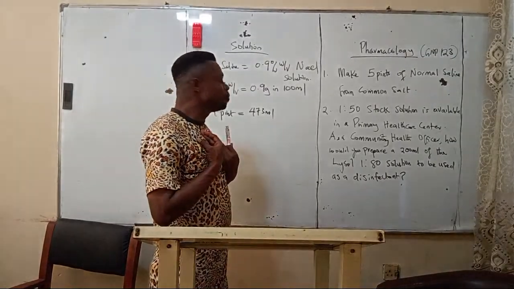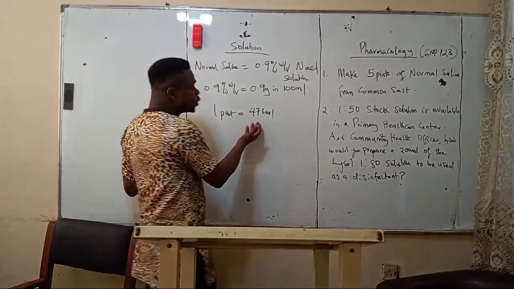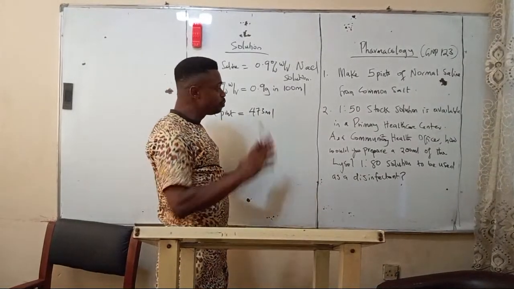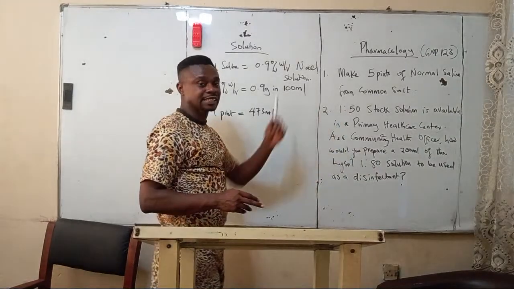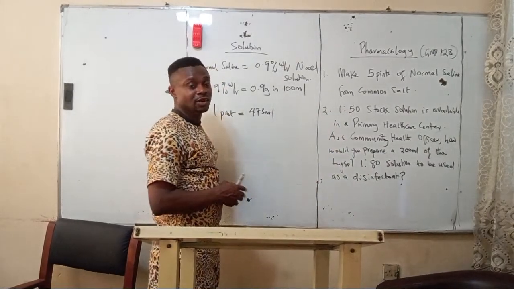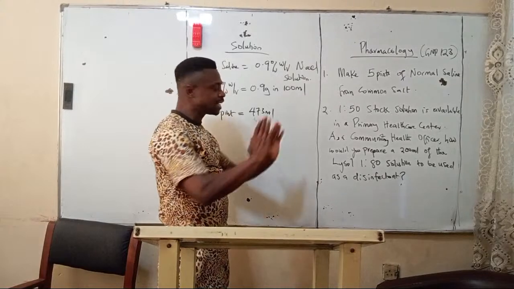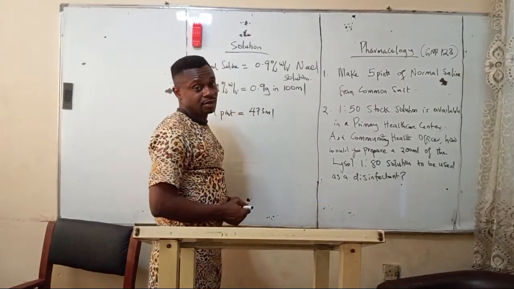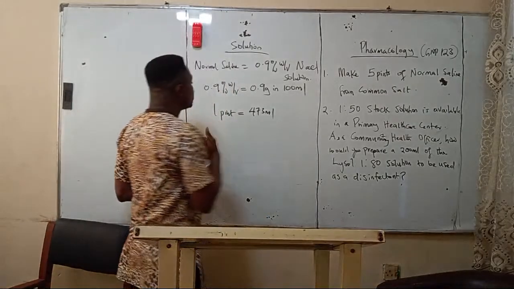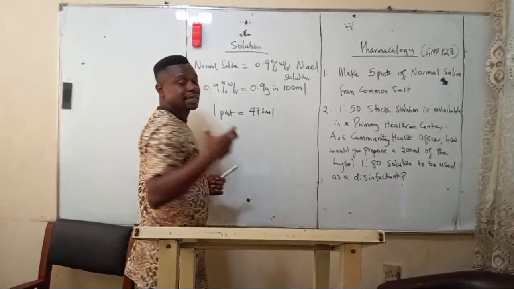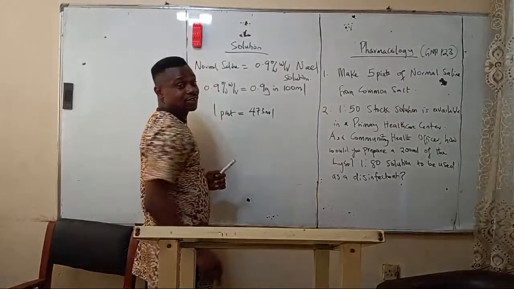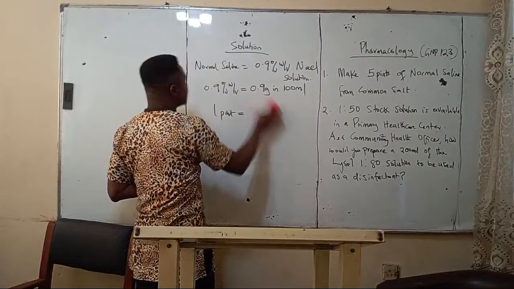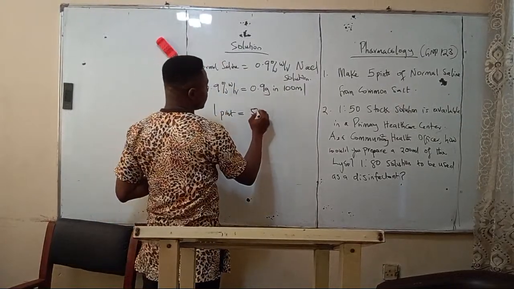I can use 473 ml, or if I want, I can use 500 ml to run away from unnecessary calculations and decimals. In some texts, you see 480 ml.